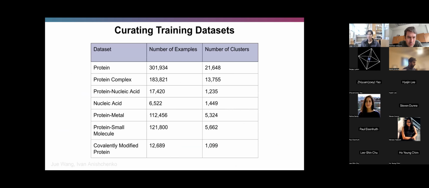And so the first thing you do, right, when you're creating a neural network is you need to have a training data set for it. So we basically went through the PDB and curated training data sets, and we clustered them by sequence. This is just showing you some of the details. This is also a table in the supplementary information somewhere in the preprint. And so, the one thing I'll point out is that for covalently modified proteins, there's a couple of interesting things that come up, right?